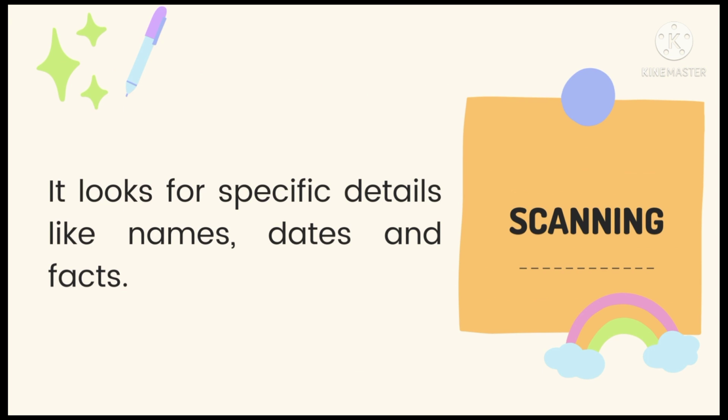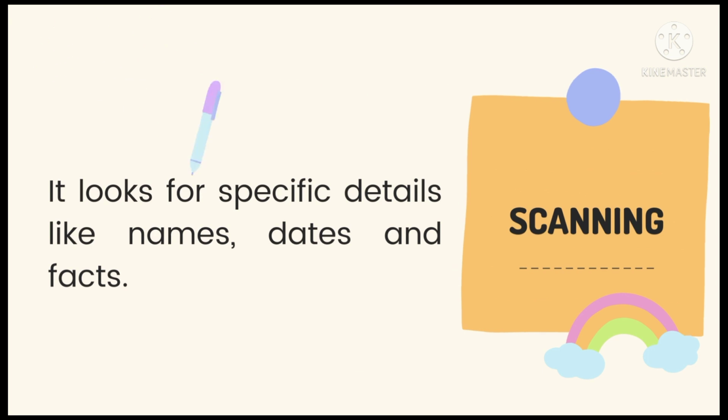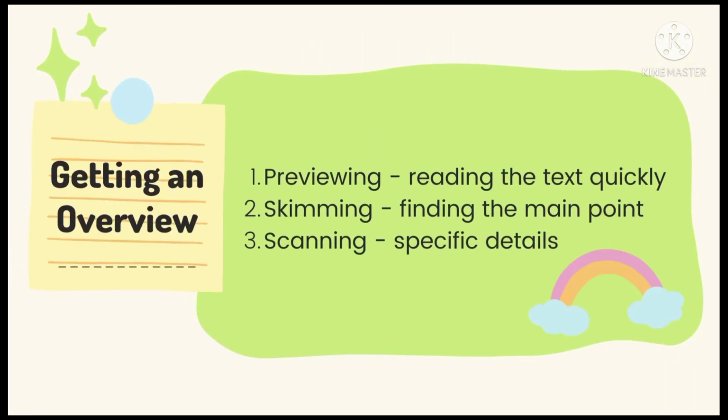Again, previewing is reading the text quickly. Skimming is reading the text by finding the main points in general, and scanning is looking for specific details in the text. Again, the techniques in getting an overview of the text is by doing a preview, by doing a skim, and by doing a scan.